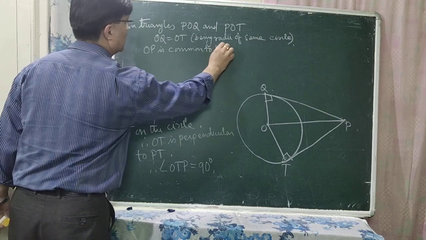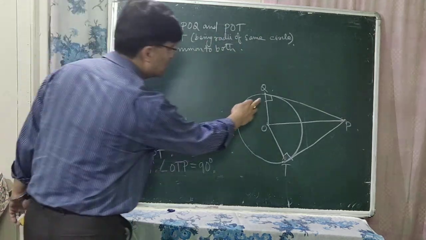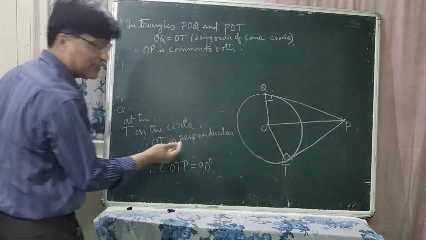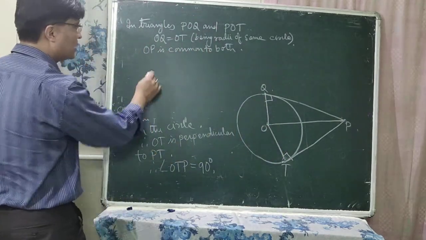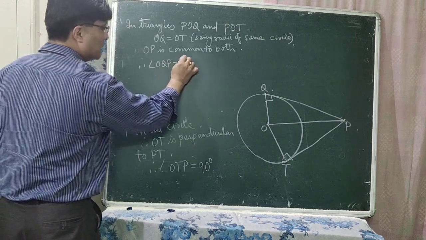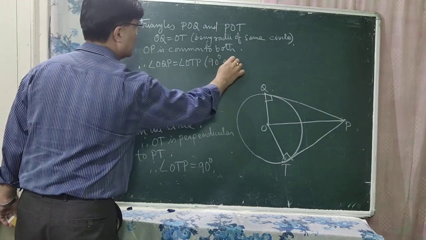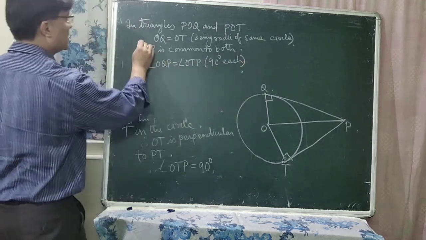And the next one is these two angles are equal, that is 90 degree each. We just proved it. So therefore angle OQP is equal to angle OTP, 90 degree each, right?